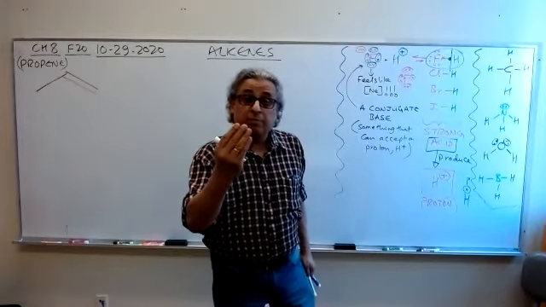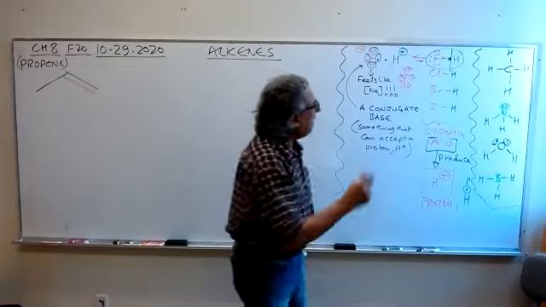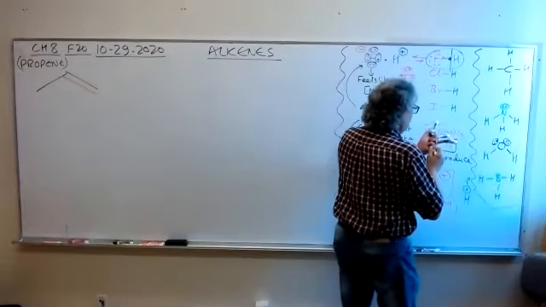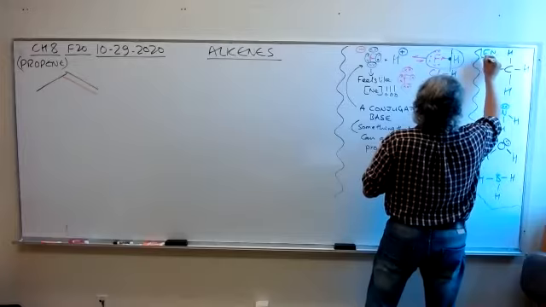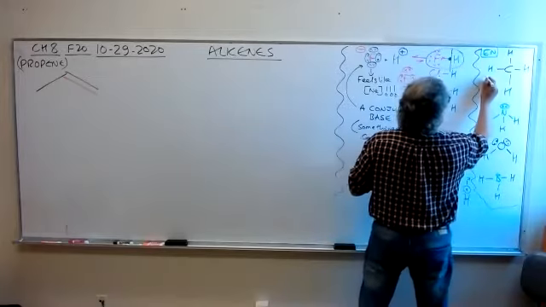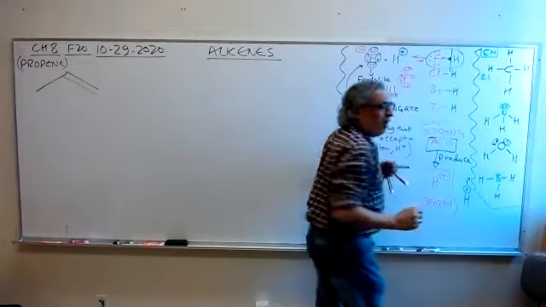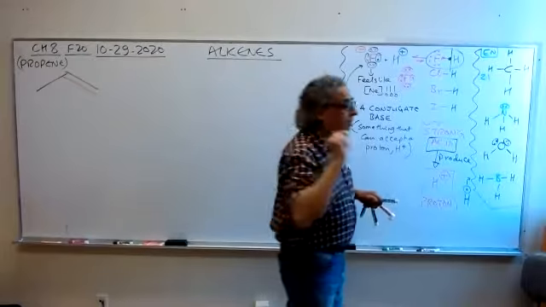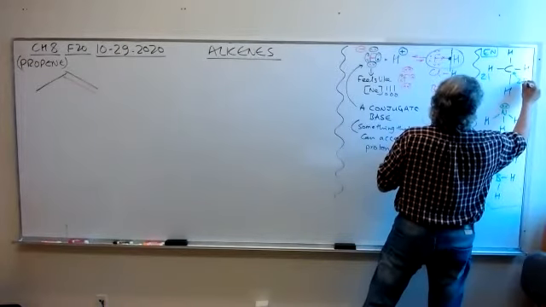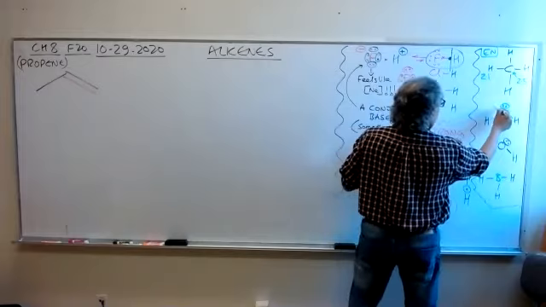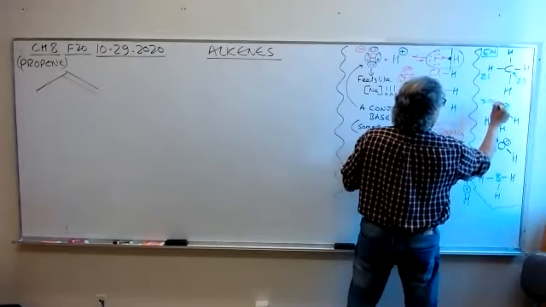If you remember, the electronegativity value for hydrogen is 2.1. It might ring a bell. We talked about it in the past. The number for carbon is 2.5. The number for nitrogen is 3.0.